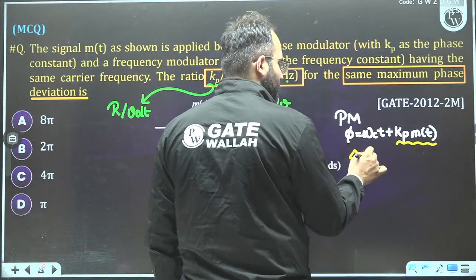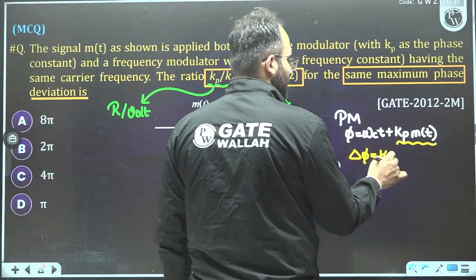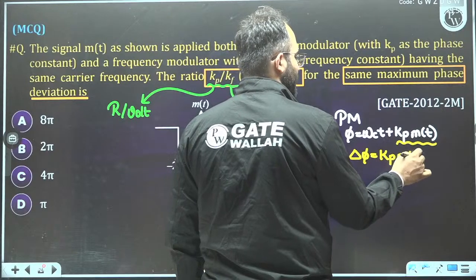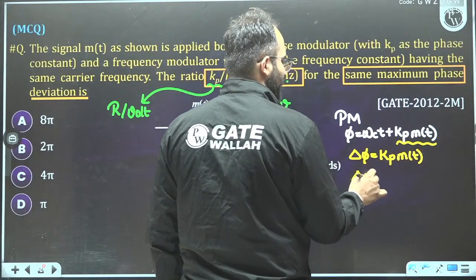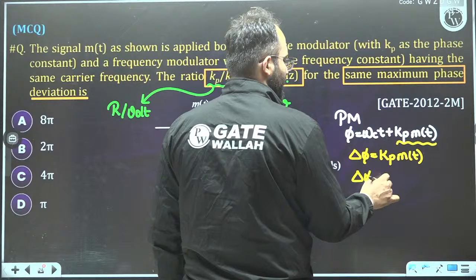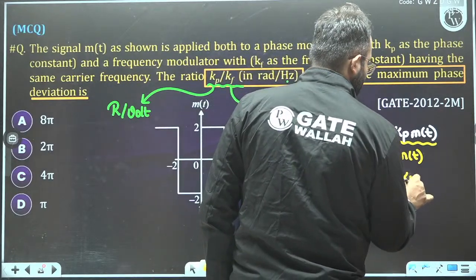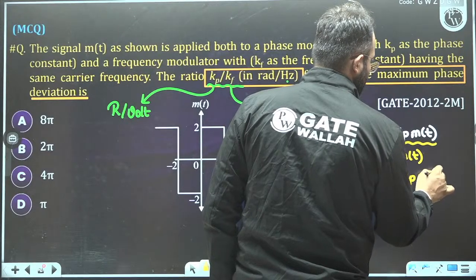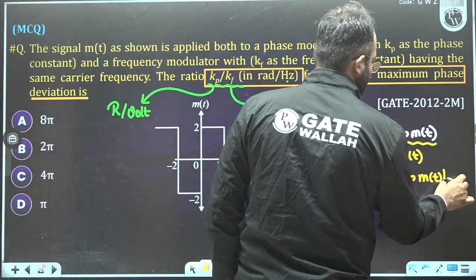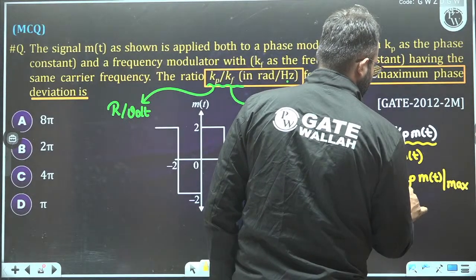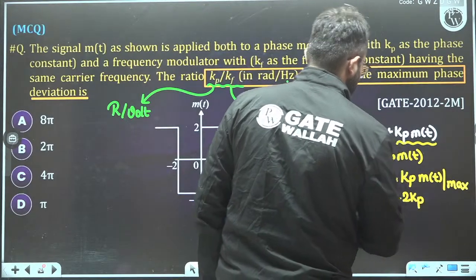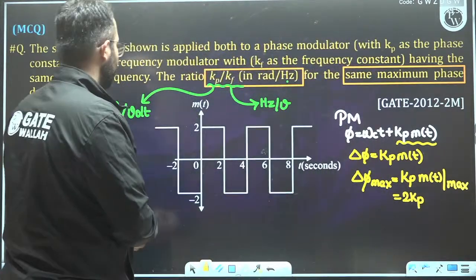So the deviation term is Kp m(t), and the maximum deviation will be Kp multiplied by m(t) max, that is 2 times Kp. Okay. Now we will see the FM term.